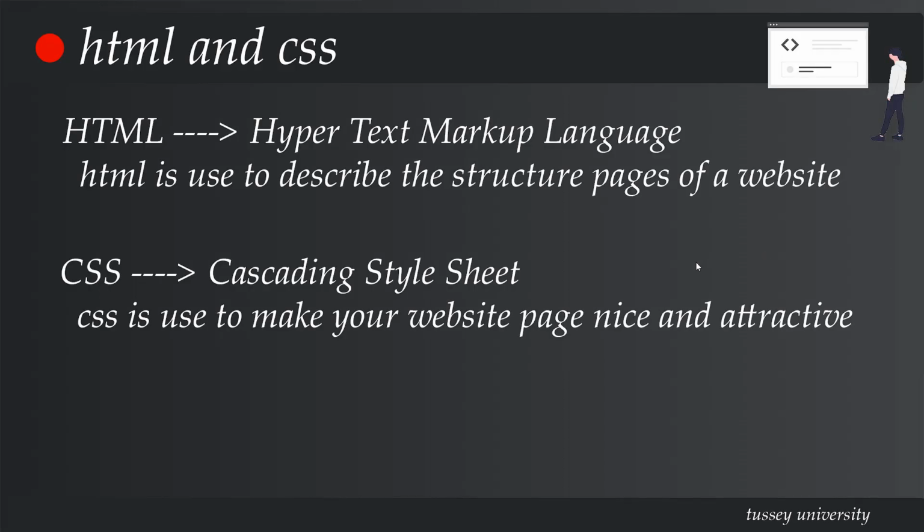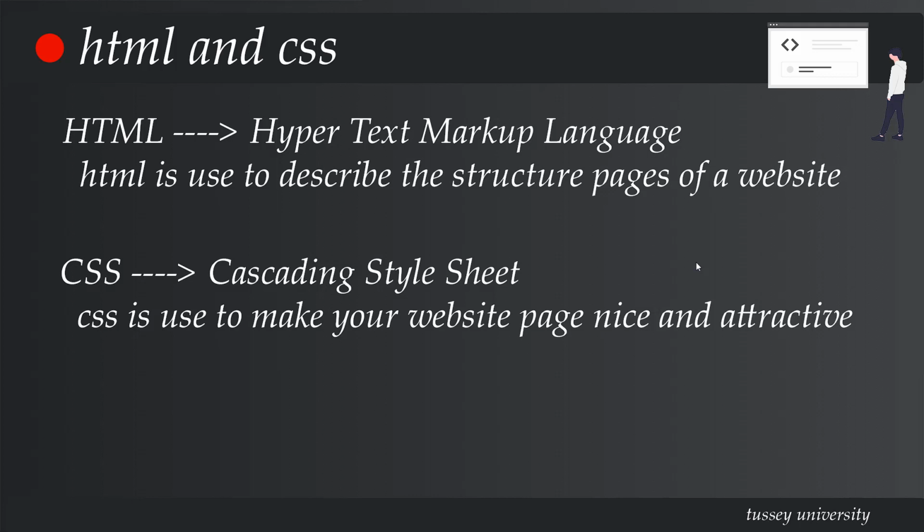Now, HTML, just like I've said already, is a hypertext markup language. HTML is used to describe the structure of pages of a website. HTML is just the raw structure. If I want to put maybe an image or a text or anything on a web page, it appears so raw.